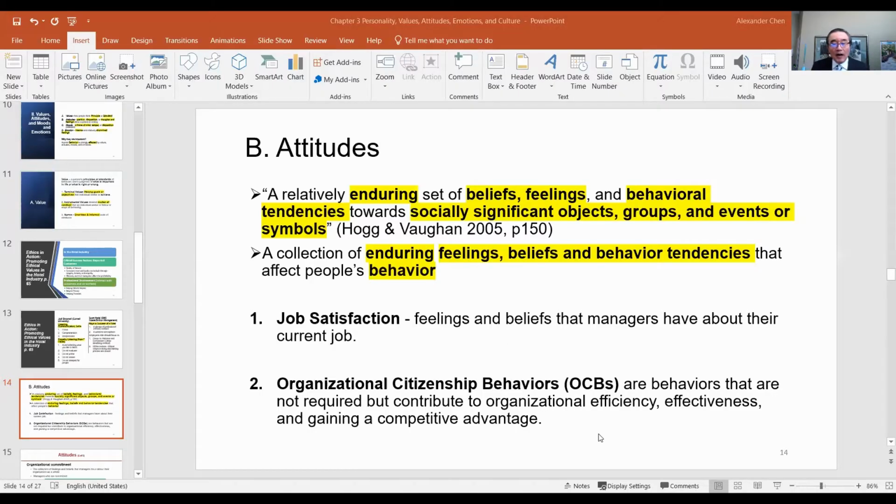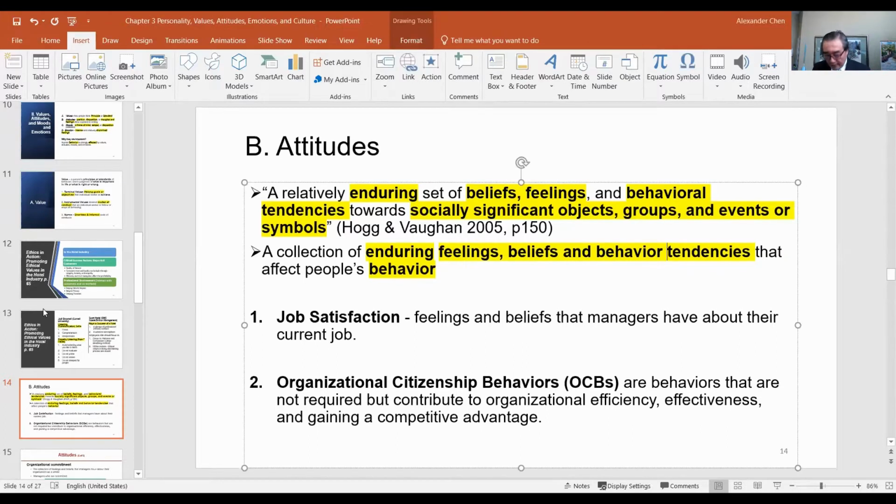So let's take a look. Attitude, we're talking about an enduring set of feelings, beliefs, or tendencies that affect behavior.